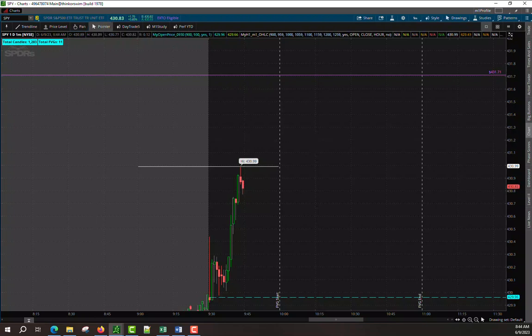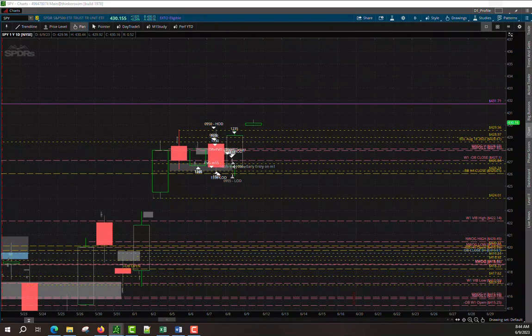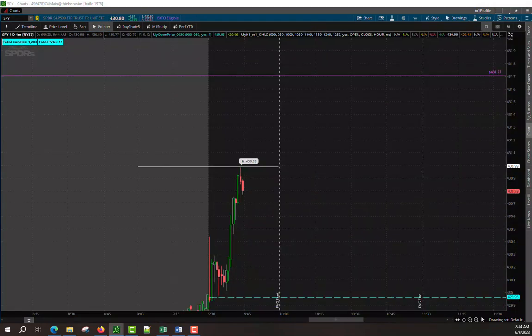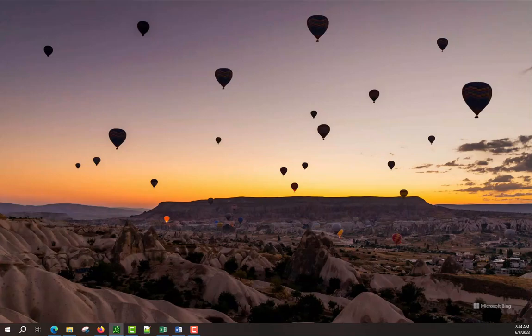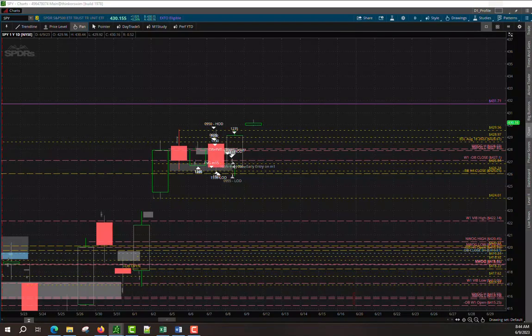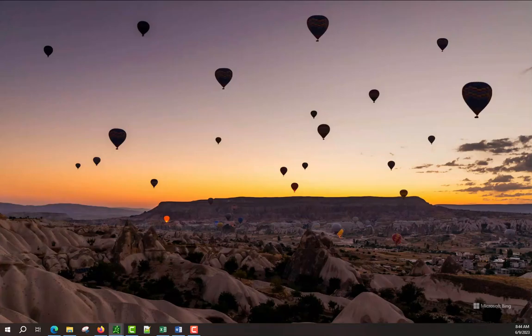Okay, let's look at the weekly. It can give us some idea whether there is liquidity up there. That's the daily.